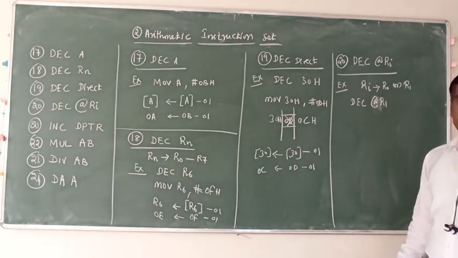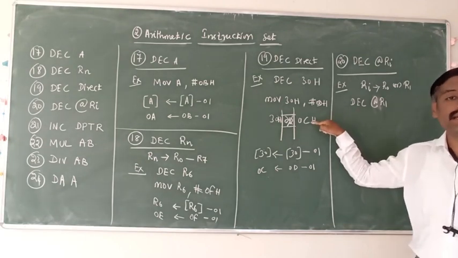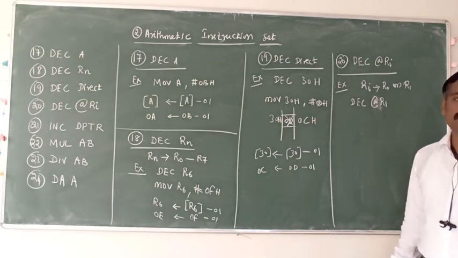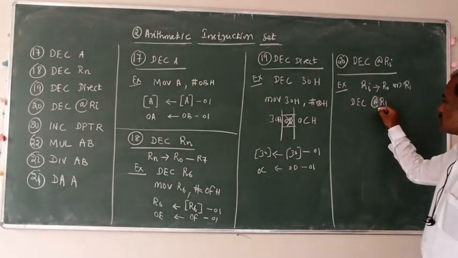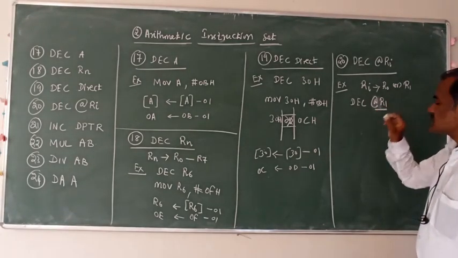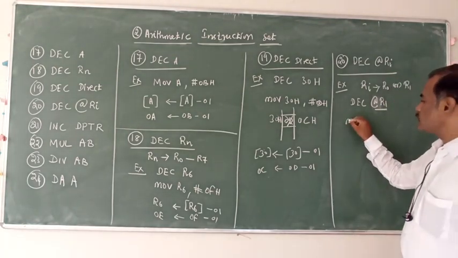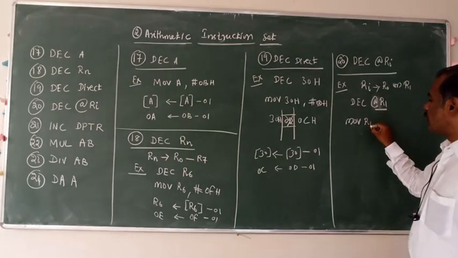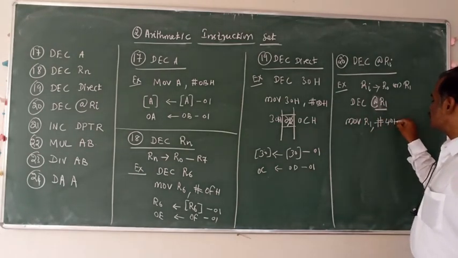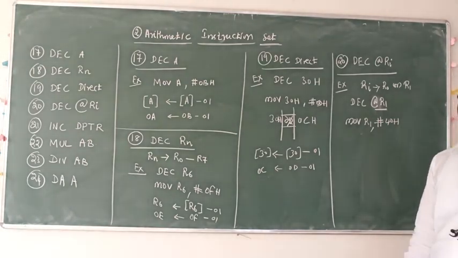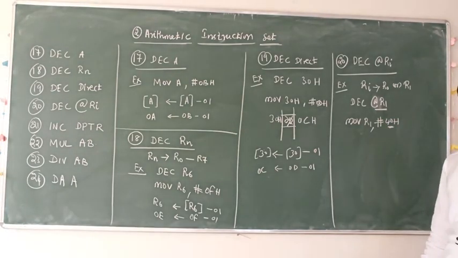Now to decrement the data available at the address available in the register. Data is not directly available. First we have to initialize what is the memory address. For that we can use MOV R1, #40H, the address available in internal register R1.